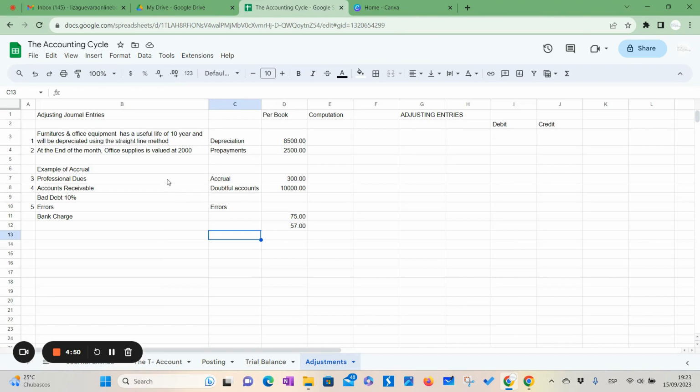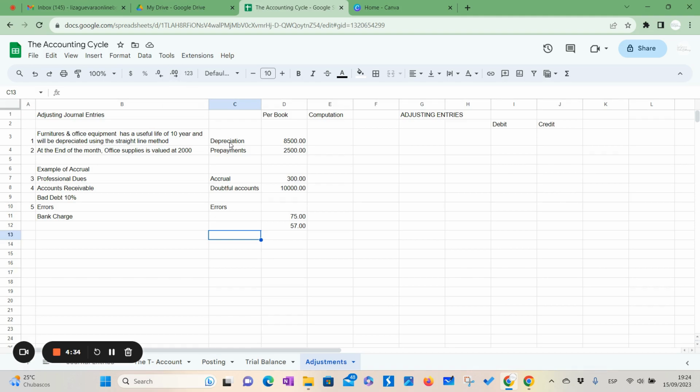But before that, let me tell you what are the adjustments that we have to make at the end of the accounting period, or at the end of the month in this case for Luna.